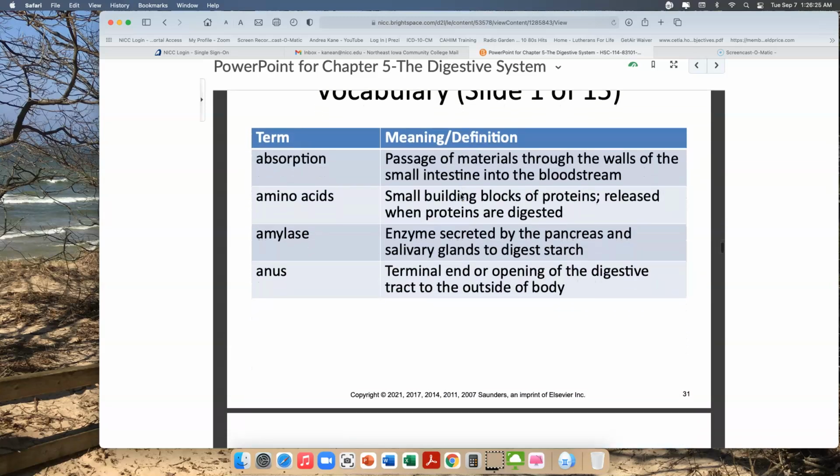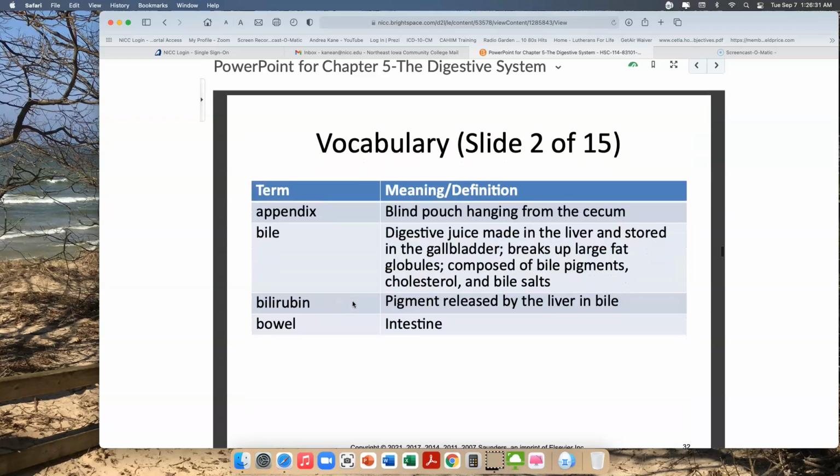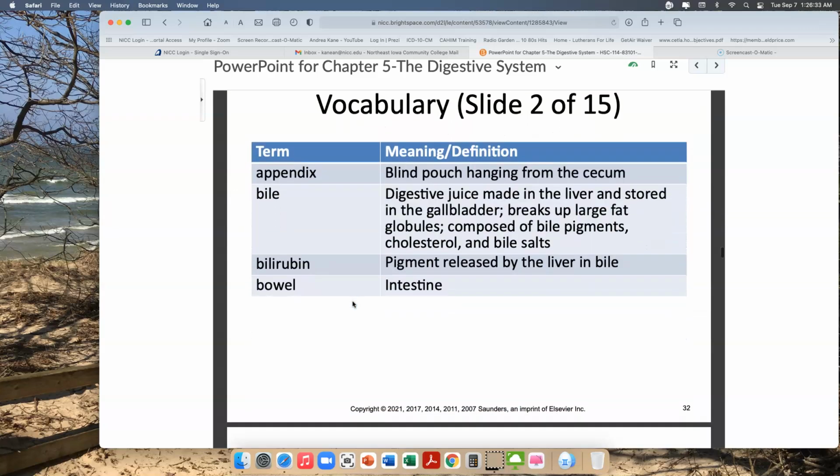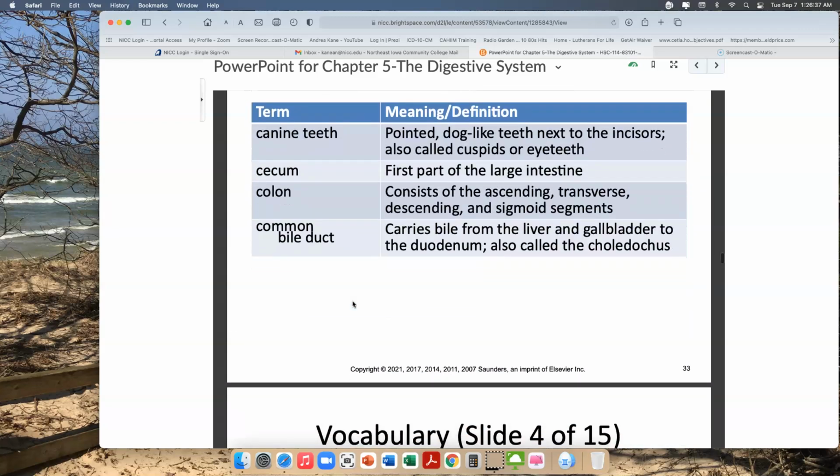We have some terms here. We have absorption, amino acids, amylase, anus, appendix, bile, bilirubin, bowel. Canine teeth, also known as cuspids or eye teeth. Cecum, colon, common bile duct. And notice here it reminds you that it's also called the choledochus.